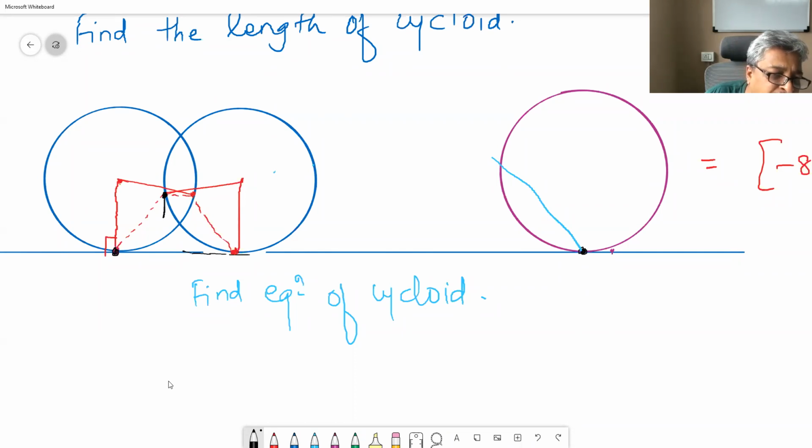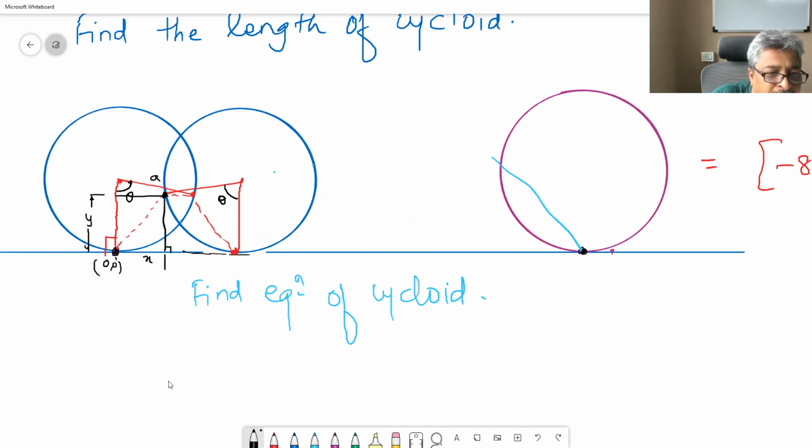Therefore, if I drop a perpendicular from here onto the x-axis, this is our origin 0, 0. So this distance is x, from here to here, and this distance is y, and let us consider it has rotated through angle theta. Actually it is rotating like this, so this angle also will be equal to theta, right? And this distance is small a, therefore this distance is also small a.